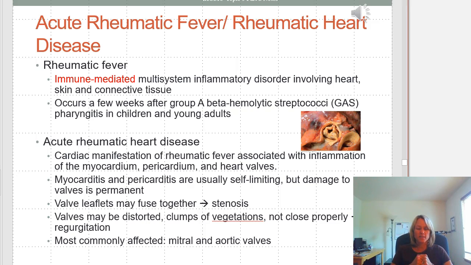Rheumatic heart disease is the cardiac manifestations after rheumatic fever. So we get the untreated strep infection.